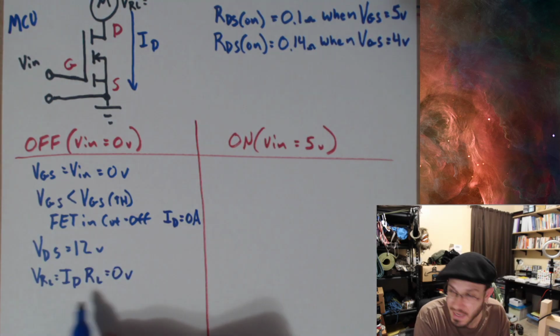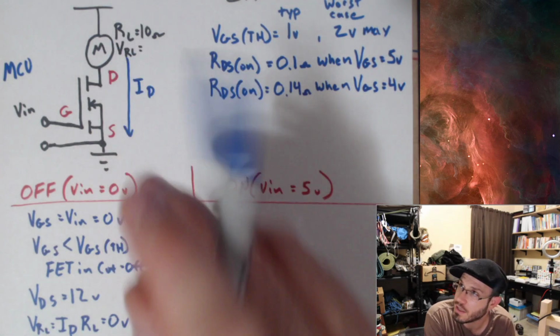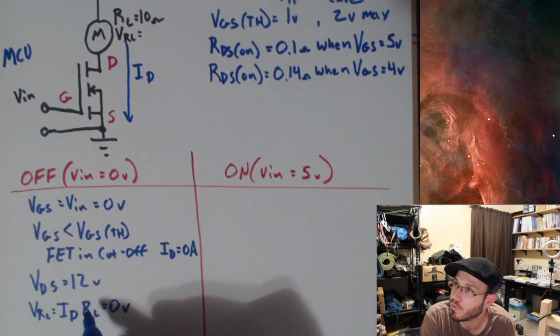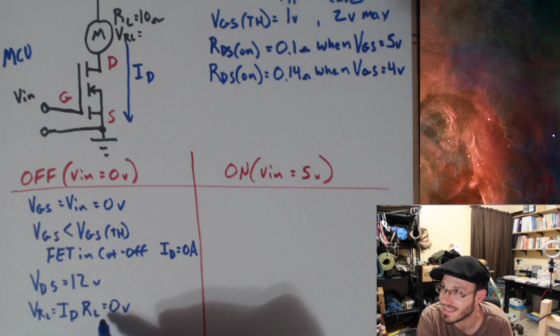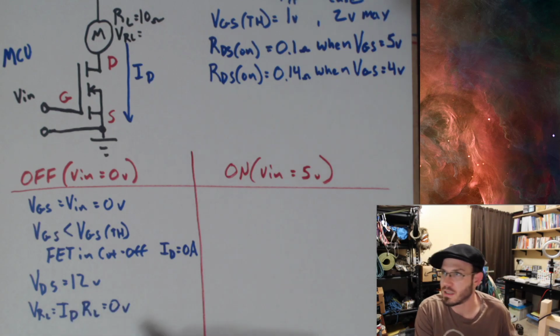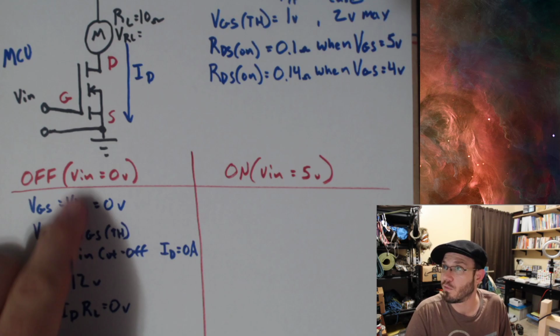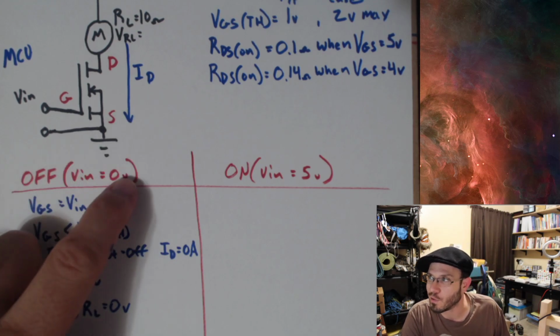And all I did was expand out Ohm's law over here, saying that the voltage drop across the load is equal to the current flowing through the load times the resistance of said load. Okay, so we have 0 volts. This is everything we need to know about this circuit for the case when we're applying 0 volts to it.